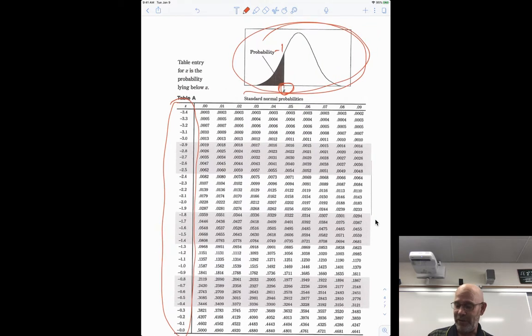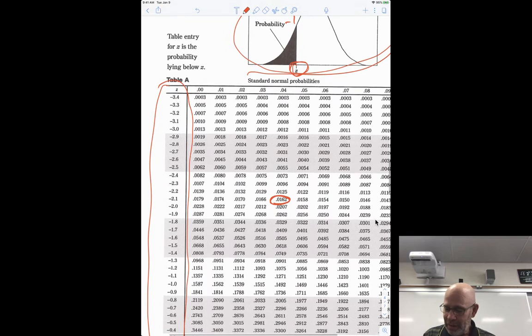However, there are lots of different numbers, so I'm going to just circle a number right here. Hopefully you can follow that. Let me blow it up just a little bit. That number is on the -2.1 row, however it's in the column of 0.04, so it corresponds to -2.14.